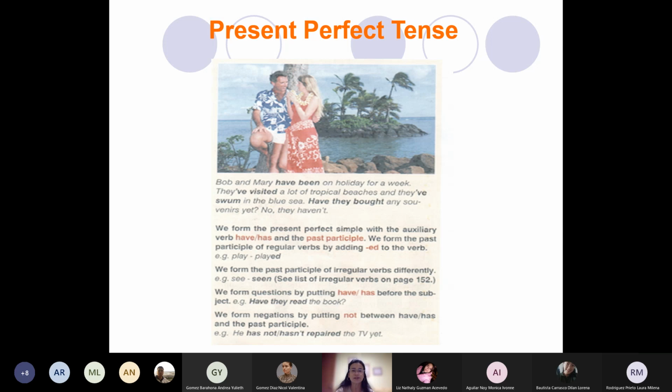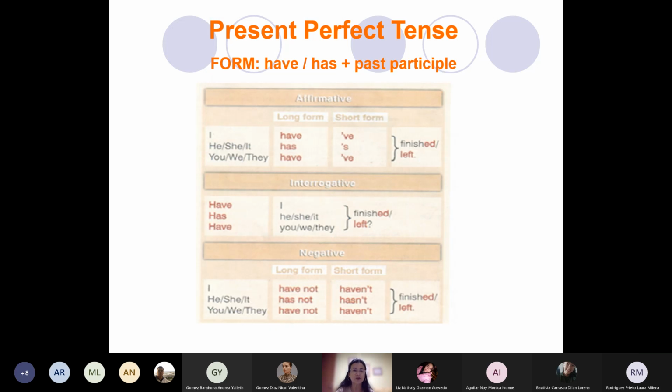When do you use the present perfect? The present perfect tense is used with have or has. Mire, esa es la forma como tú lo utilizas. Have for I, you, we, and they. And for the third person singular, he, she, it, you say has. And always after have or has, there is one verb in past participle.